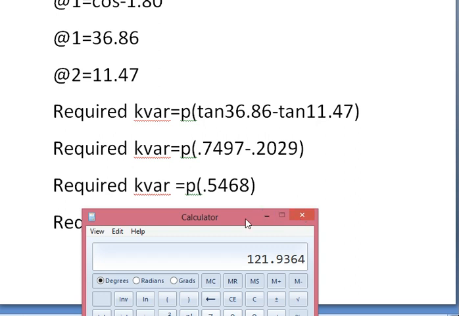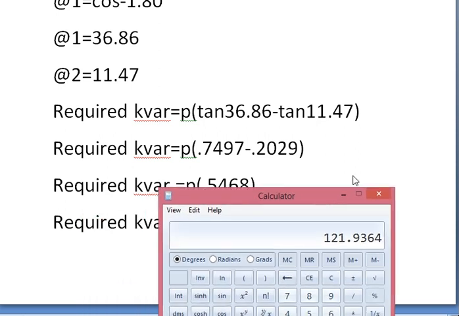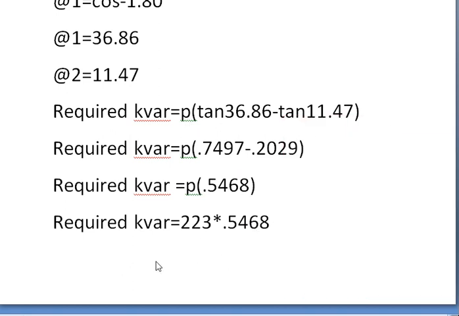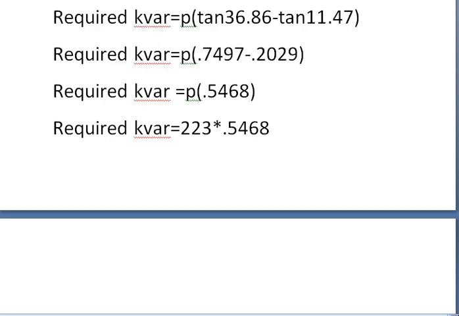So friends, this is how you can calculate the kvar to increase your power factor to the target value.